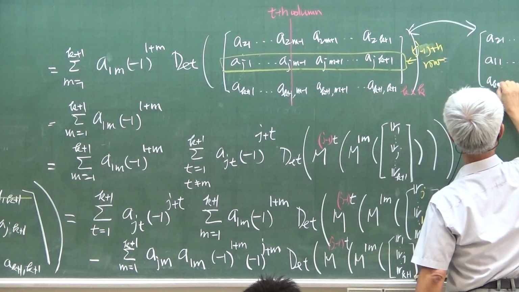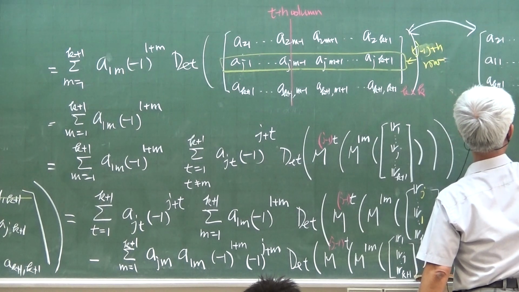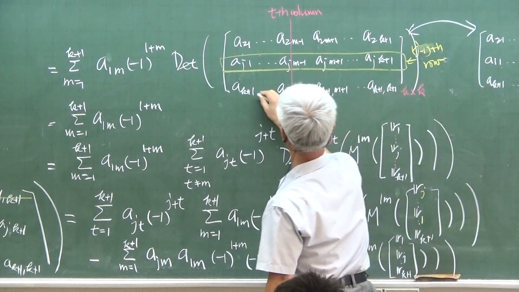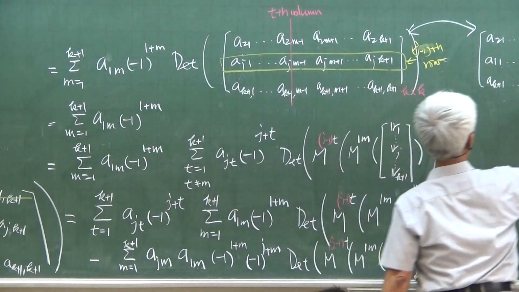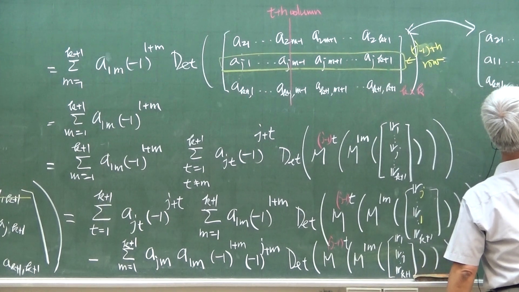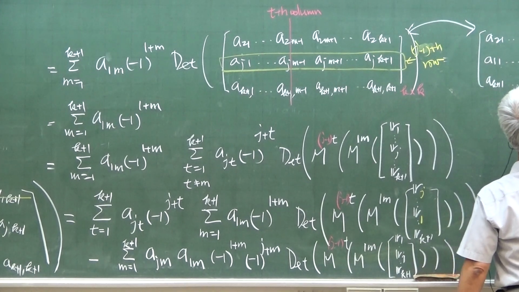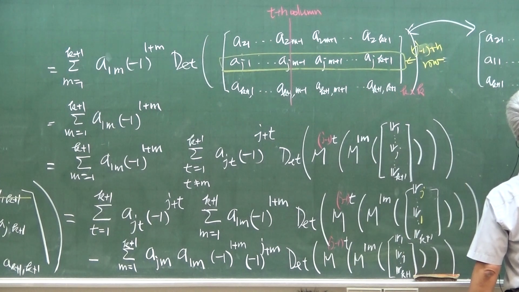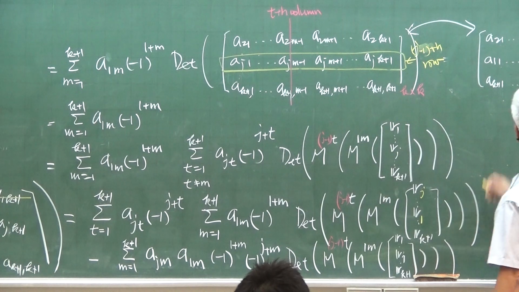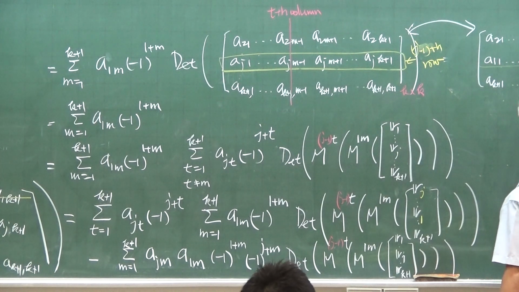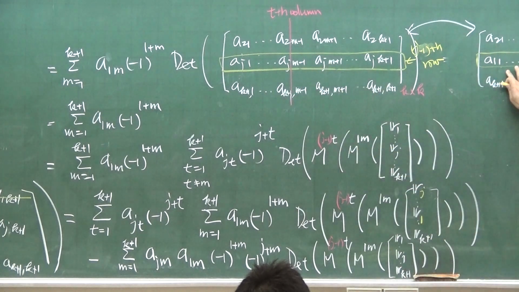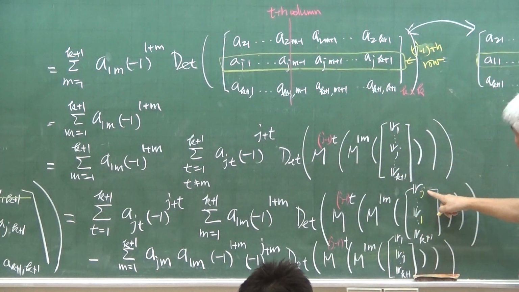a_k plus 1 1, a_k plus 1 n minus 1, a_k plus 1 n plus 1, and a_k plus 1 k plus 1. Alright, so basically I will replace this row by the original first row, so that I will change them.